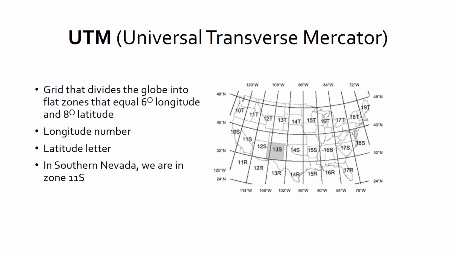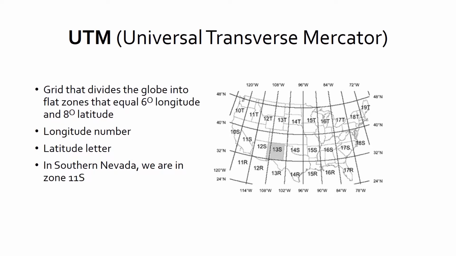What UTMs have done is they have taken degrees of longitude and latitude and flattened it out. So they created a grid system that runs numerically from east to west and alphabetically from south to north. So southern Nevada is in 11S, and northern Nevada, parts of it are in 11T.